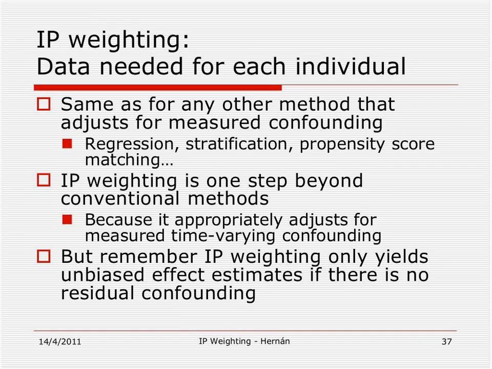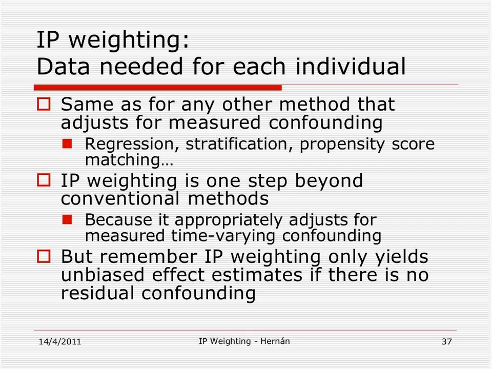In a sense, we need exactly the same data that we would need for any other method. We need data on the treatment or the exposure, the confounders, and the outcome. But if we're asking questions about time-varying treatments, then we need data on time-varying confounders too. IP weighting has an advantage over the conventional methods because it can adjust for measured time-varying confounding without bias.